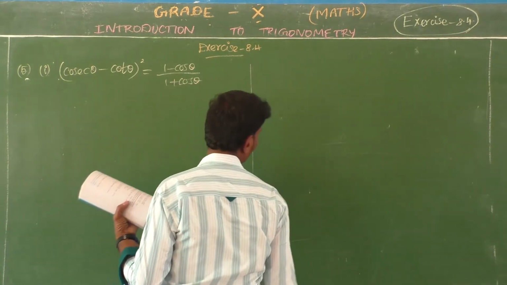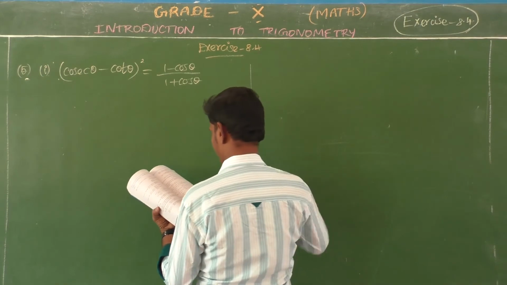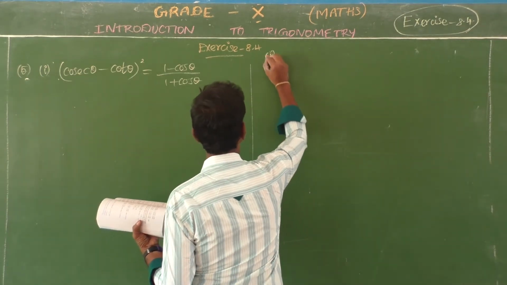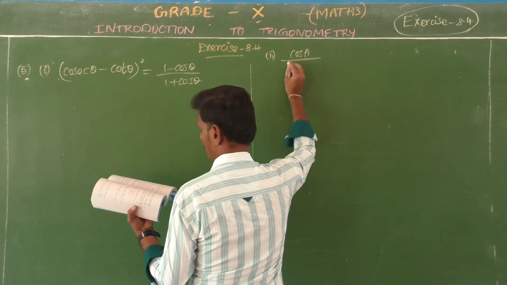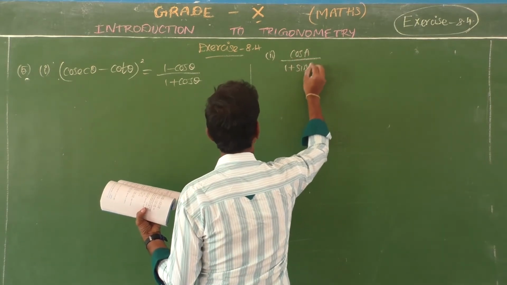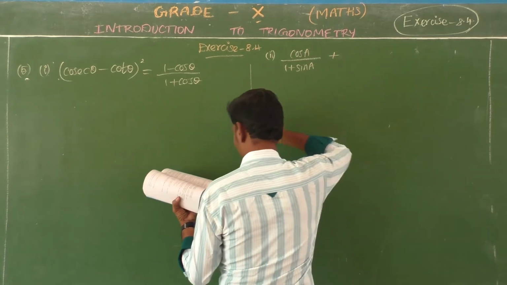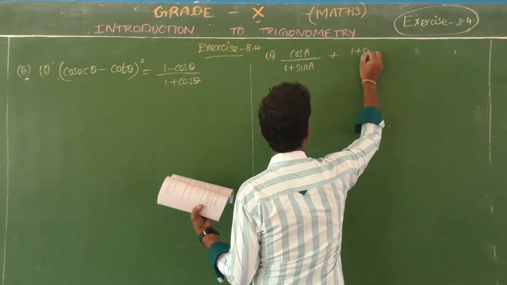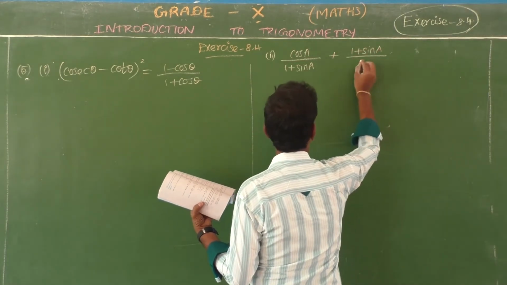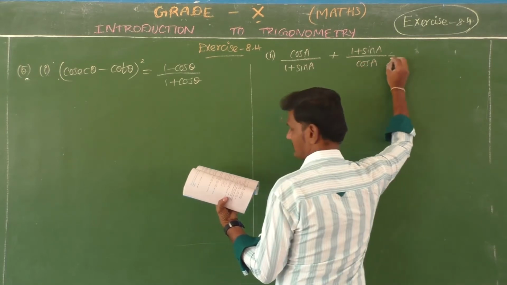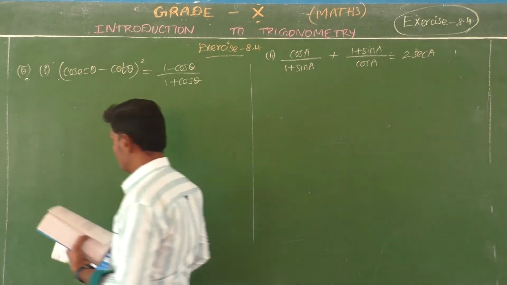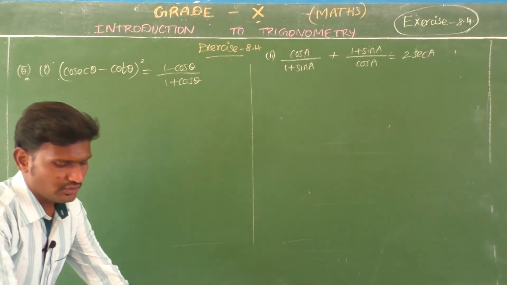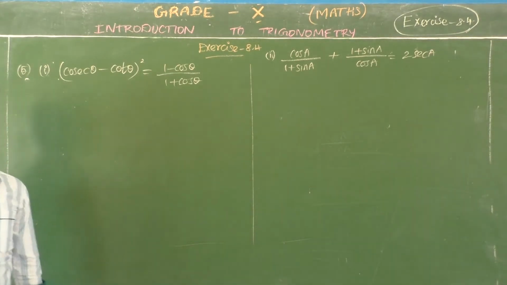This is one sum. And the second sum is cos A by 1 plus sin A plus 1 plus sin A by cos A, which is equal to 2 secant A. So these questions are 2 marks only.